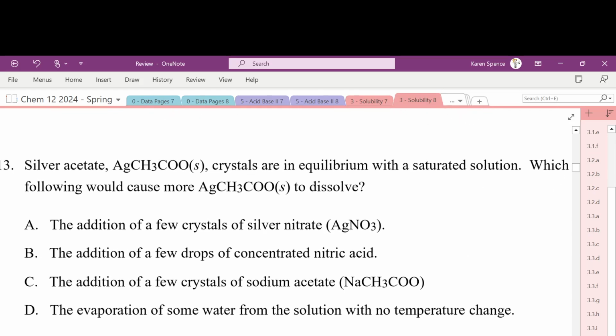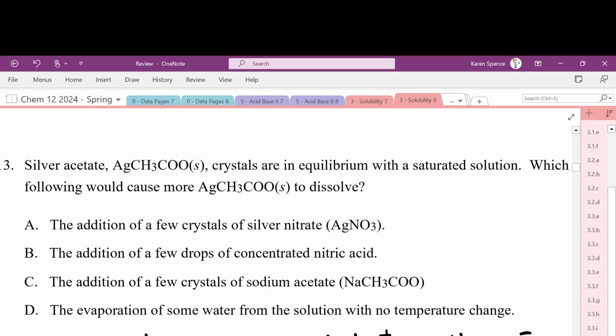Okay, so we have silver acetate in equilibrium with its ions. So we have AgCH3COO solid in equilibrium with Ag plus and CH3COO minus.